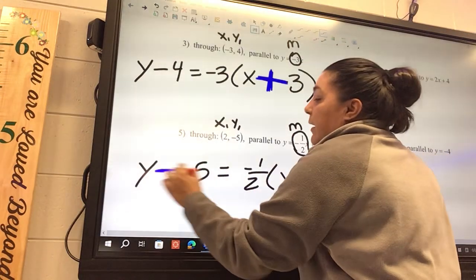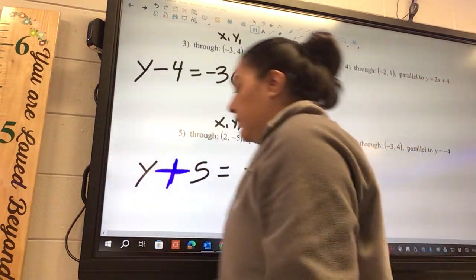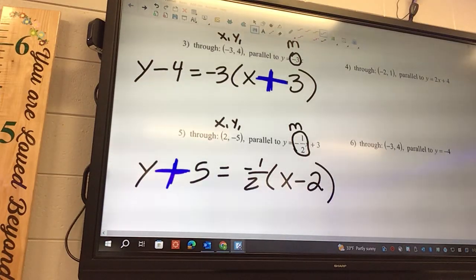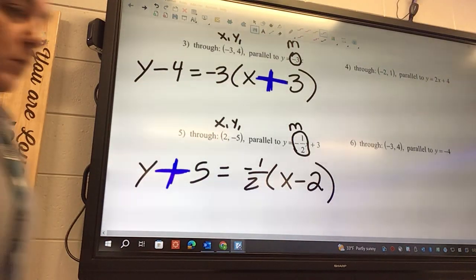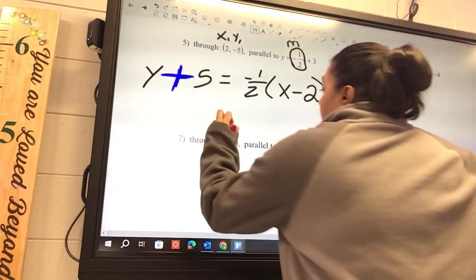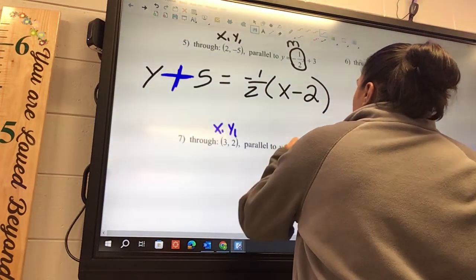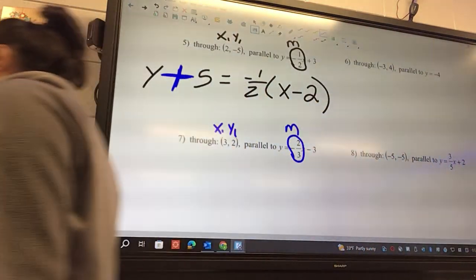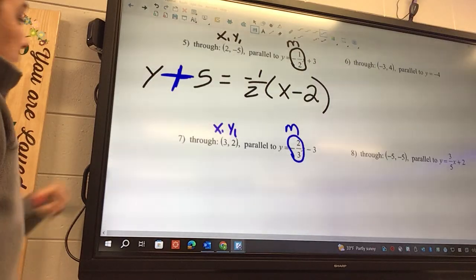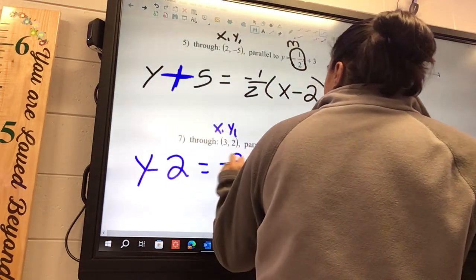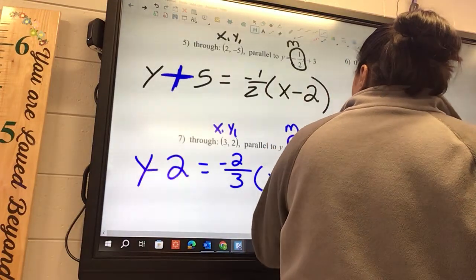And that minus is going to become a plus. Number 7, we can label x1, y1. And again, we're doing parallel. So parallel, you keep the slope the same. That's going to be my m. We're not going to change it. So it's going to look like y minus 2 equals -2/3, x minus 3.